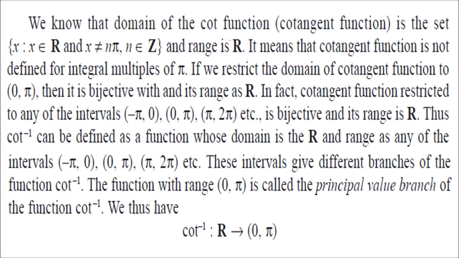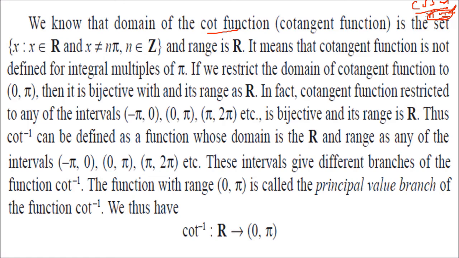Cot function, how to take the inverse of the cot function. The domain of cot: cot is what? Cos x by sine x. So we can never have sine x as 0. Any value of x for which sine x becomes 0 is not acceptable.